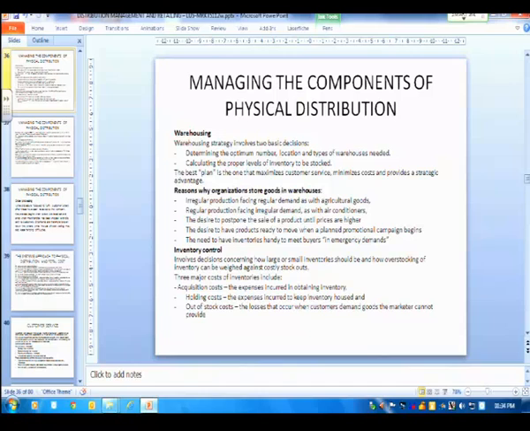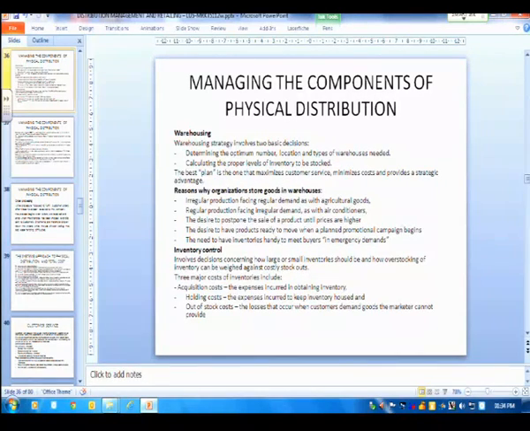Reasons why organizations store goods in warehouses: 1, irregular production facing regular demand, as with agricultural goods. Secondly, regular production facing irregular demand, as with air conditioners.